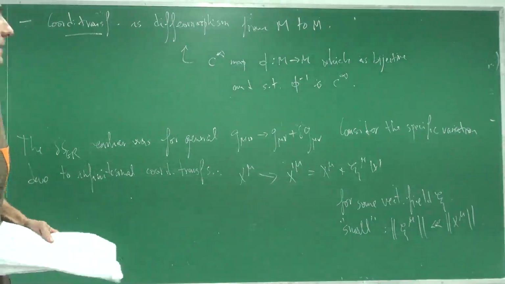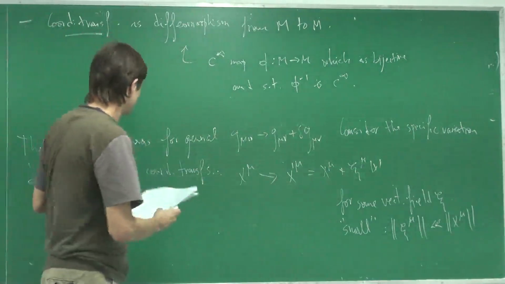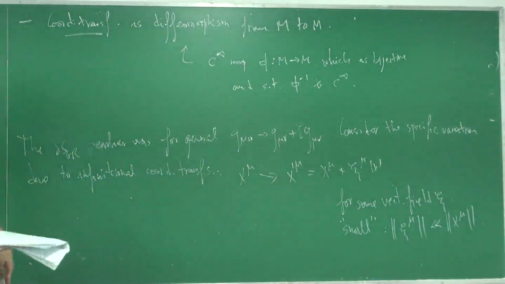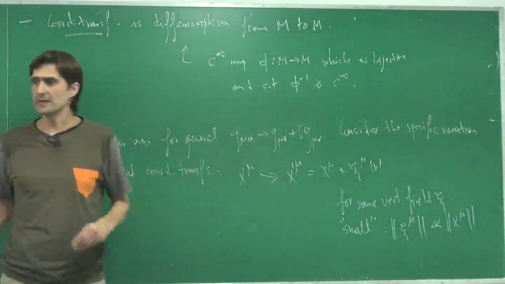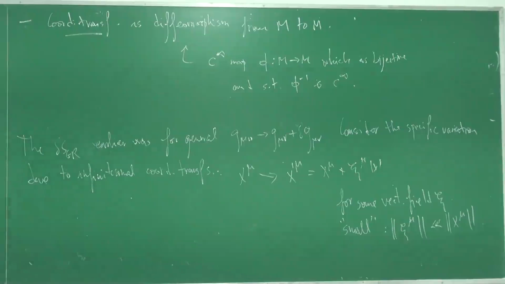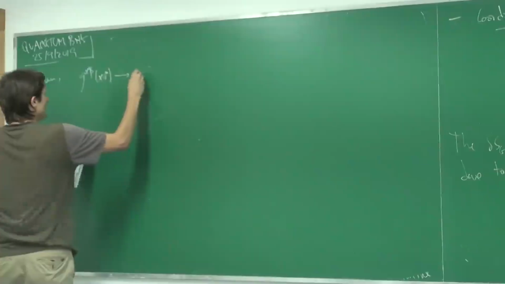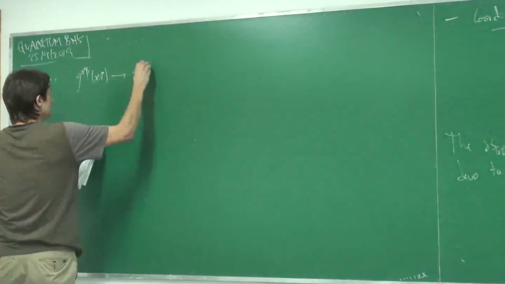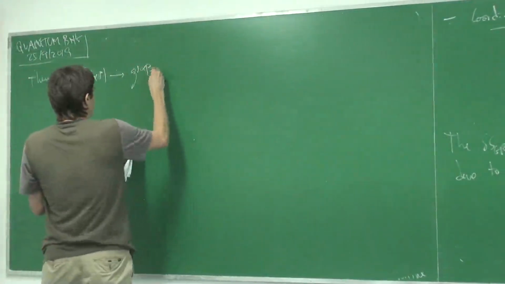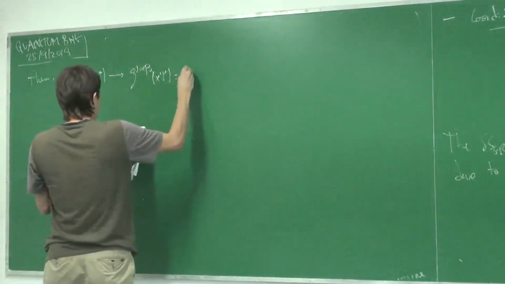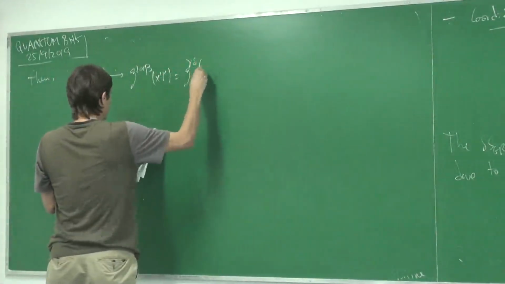Okay, so how does it vary? How does the metric vary under infinitesimal coordinate transformations? So the metric is a function of the space-time point, and we know how it varies.